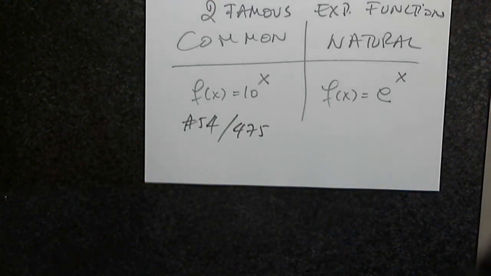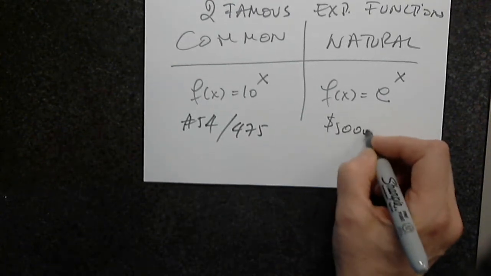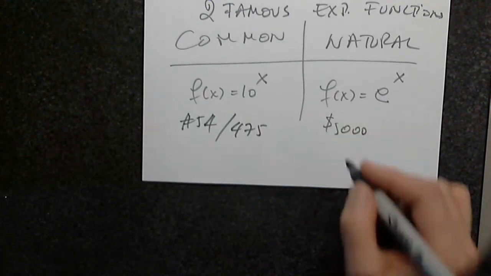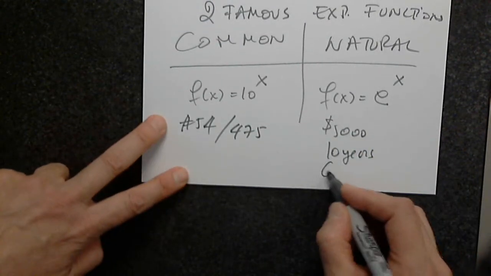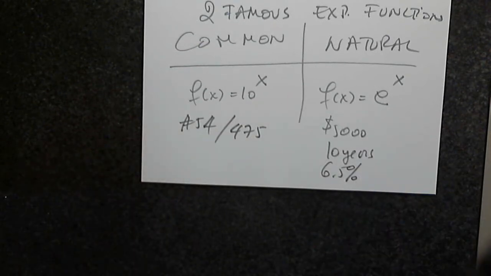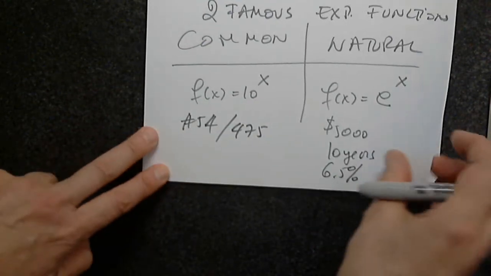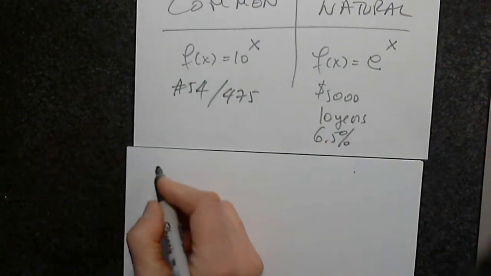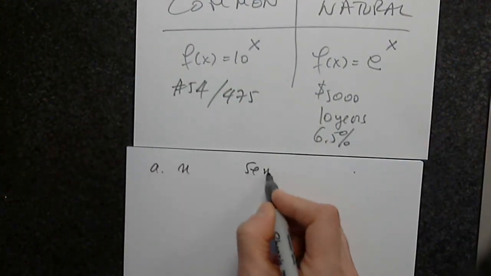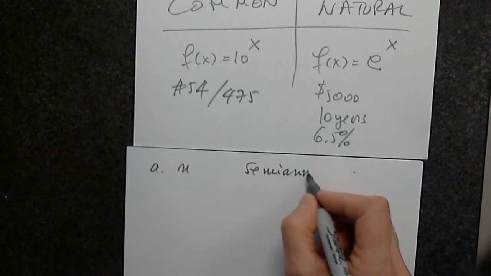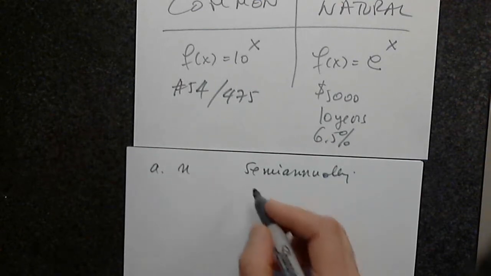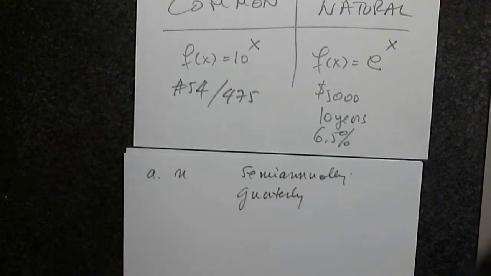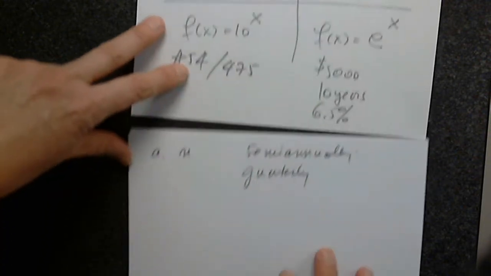Find the accumulated value of an investment of 5,000 for 10 years at an interest rate of 6.5%. If the money is compounded semi-annually, quarterly, monthly, and continuously.